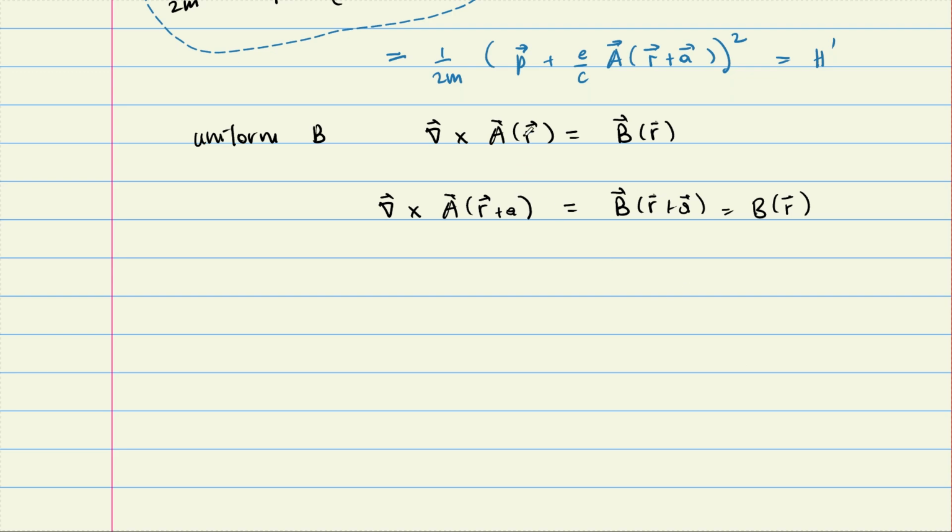That means A of r and A of r plus a are related by a gauge transformation. How? If I have A of r plus a equal to A of r plus some gradient, which may depend on a, because the curl of a gradient is 0, this quantity is automatically del cross A, and B of r is automatically equal to B of r plus a. And this is what we called a gauge transformation.